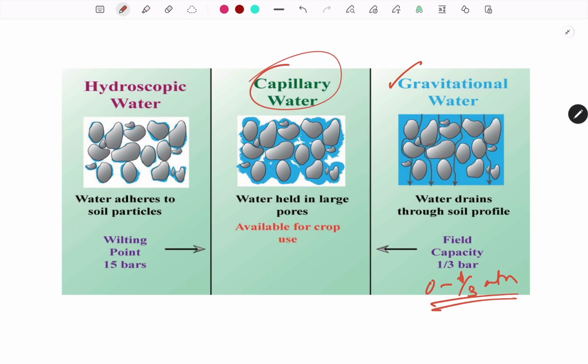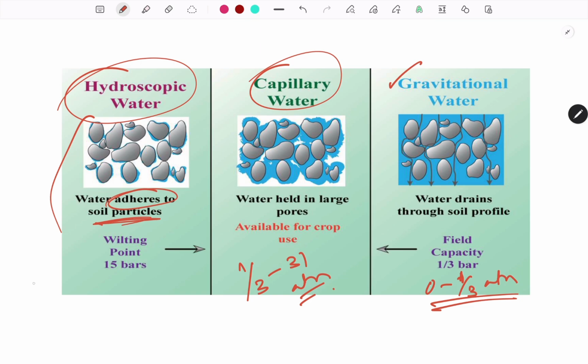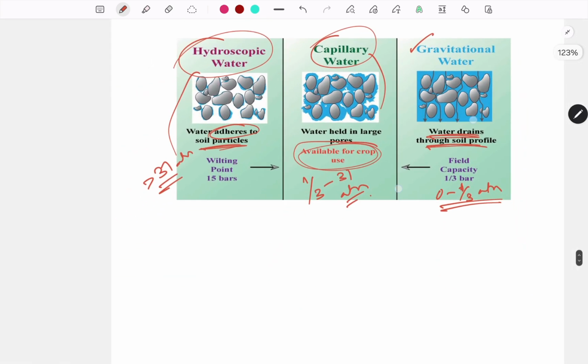The capillary water is held at 1/3 to 31 atmosphere. And the third one is hygroscopic water. It is very tightly held, adhered to the soil particle, at more than 31 atmospheric pressure. This capillary water is available for the crop for use, and this gravitational water drains due to gravity.